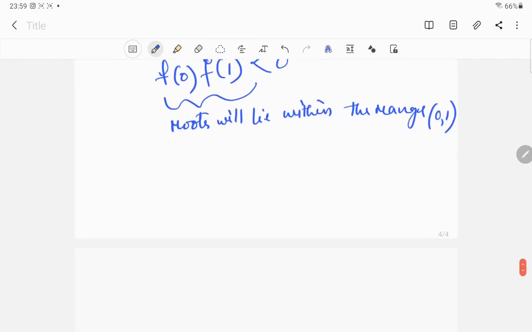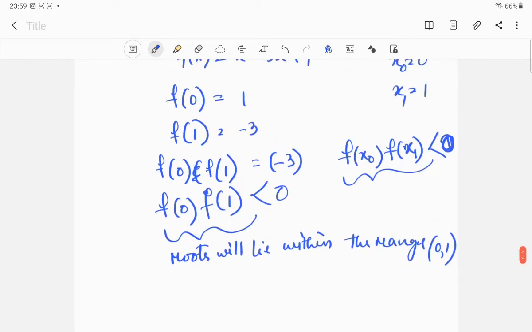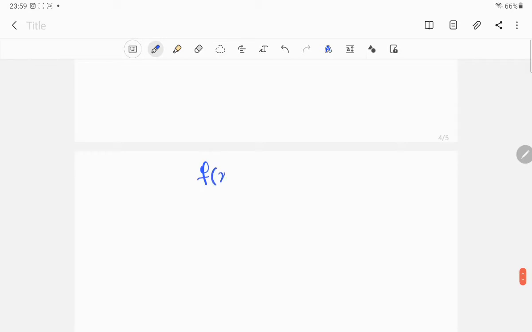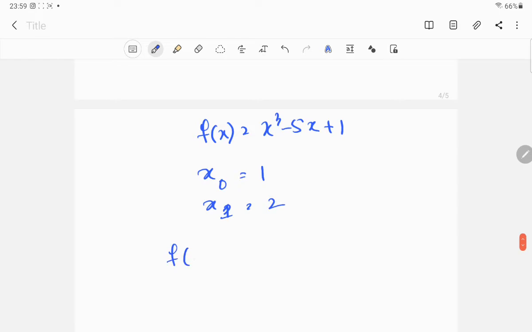Again, suppose you try this also. Suppose f(x) is equal to x cube minus 5x plus 1. Let us consider that x0 is equal to say 1 and x1 is equal to 2. So what happens, f(x0) equals 1 minus 5 plus 1, so it is minus 3.